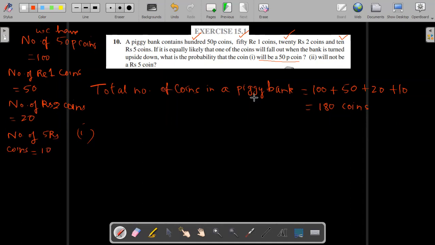This you should write first, and then the total number of coins. Now, probability is the number of favorable cases upon the total number of possible cases, as you know. So we have to find the probability of a 50 paisa coin falling out.